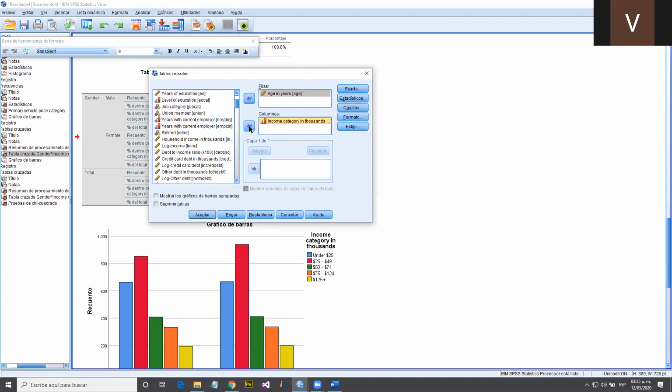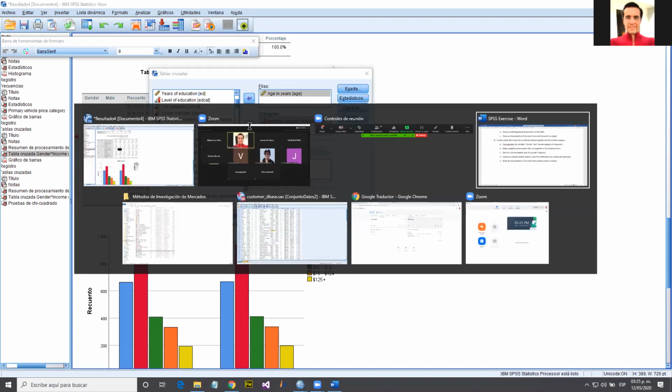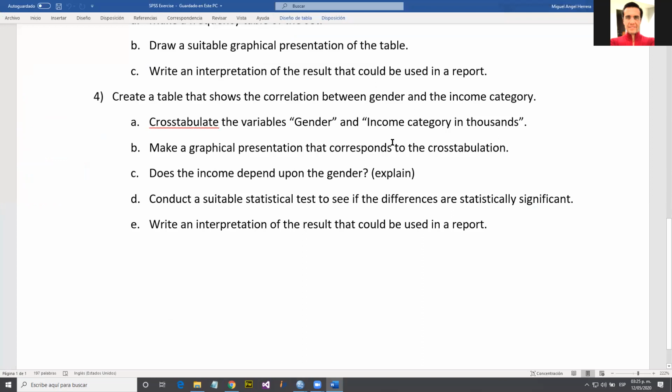Sorry, teacher, how come you chose those two? Like, those are the ones that we're analyzing. In the exercise, it says right there, gender versus income.